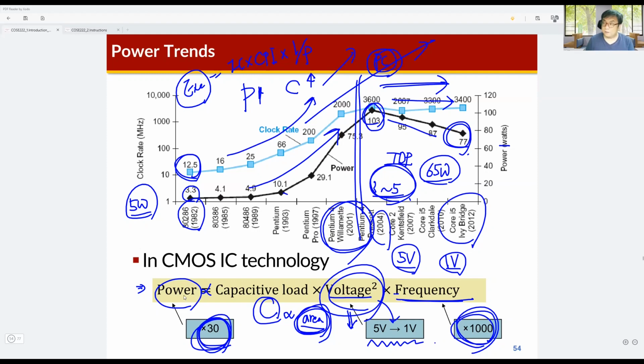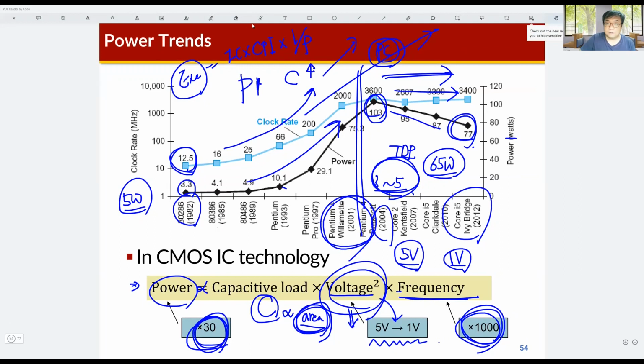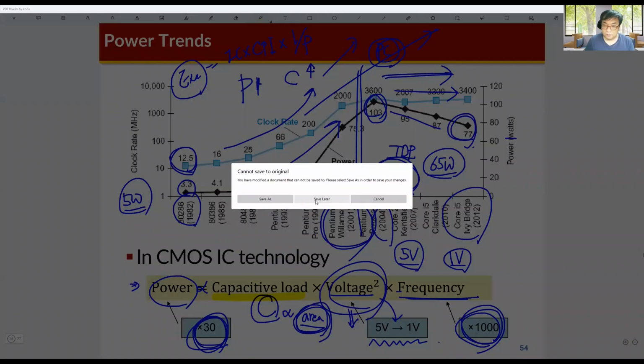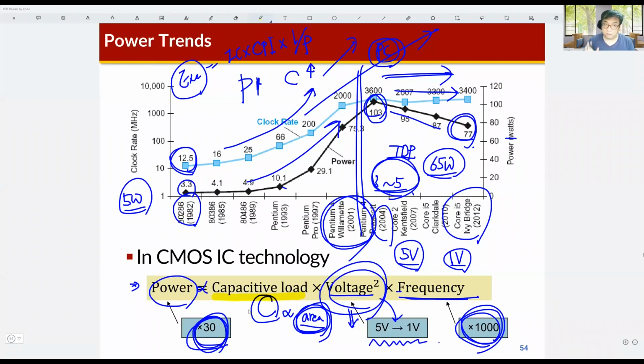The dynamic power consumption of the processor is proportional to the capacitive load, that means the area of the computer chip, and then the square of the supply voltage, that means the VDD to the CPU chips, and also proportional to the frequency.